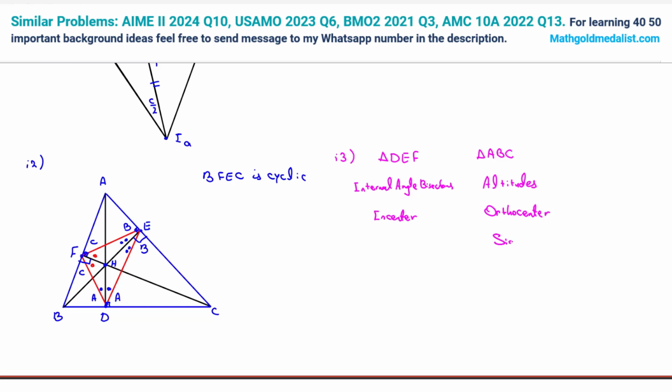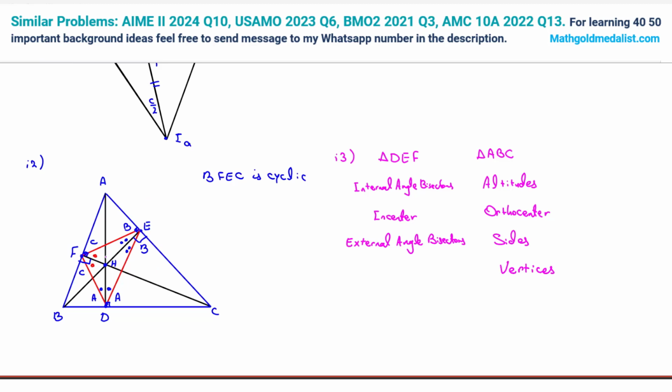Now the sides of ABC are what? Look, it is an internal angle bisector, and the sides of ABC are perpendicular to the internal angle bisectors of DEF. So what is perpendicular to internal angle bisectors? External angle bisectors. And the last one, the vertices of ABC.